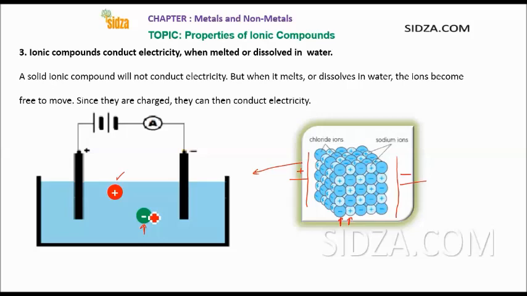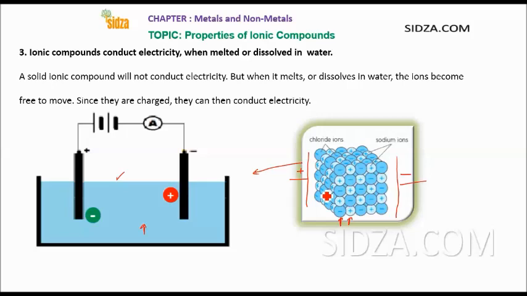Similarly, ionic compounds can conduct electricity when they are present in the molten state. When you heat an ionic compound strongly and melt it, in the molten state the attraction between the oppositely charged ions is less. So if you apply a potential difference, these ions will start moving, and therefore it will conduct electricity.